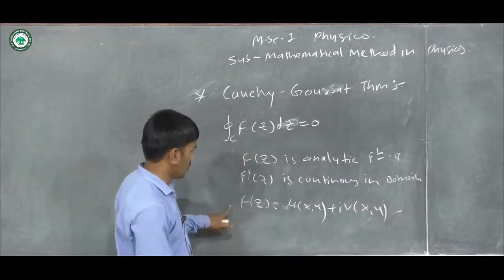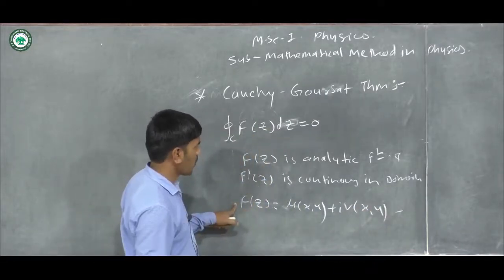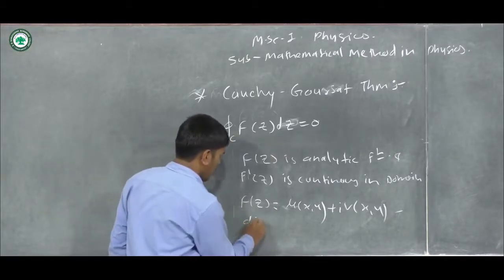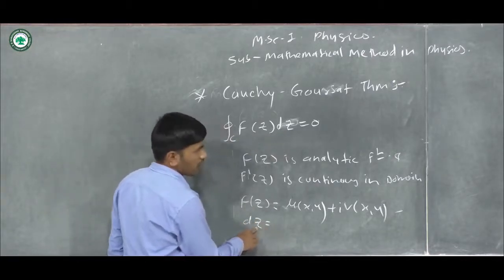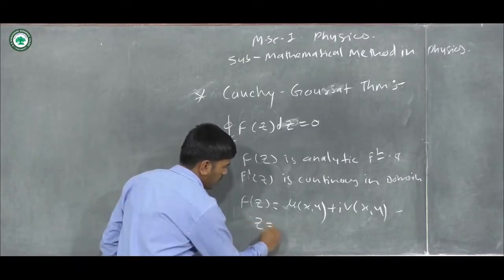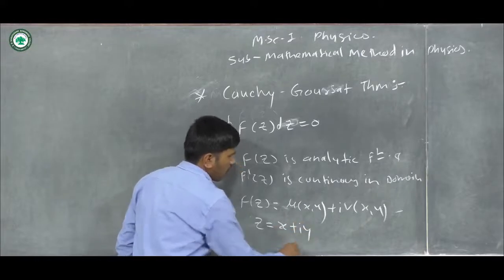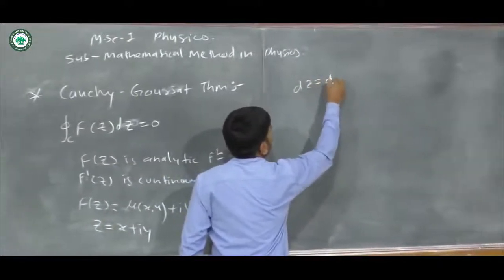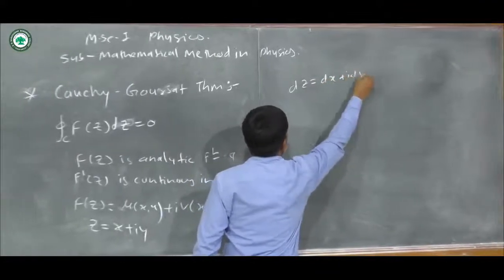This is the expression for the function. For dz, since z is equal to x plus iota y, dz is equal to dx plus iota dy.